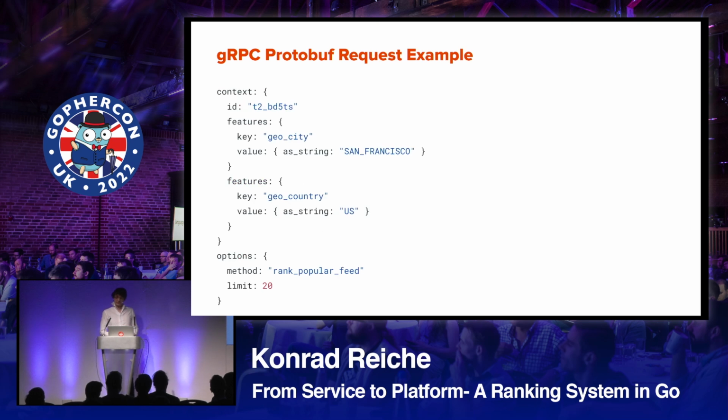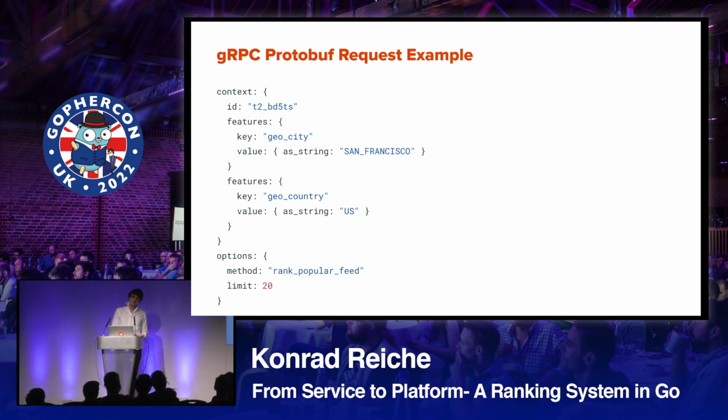And an example request could look like this. The context is set to a user ID, and then we provide location-based features in order to recommend content to the user that is more specific to their geographic location.